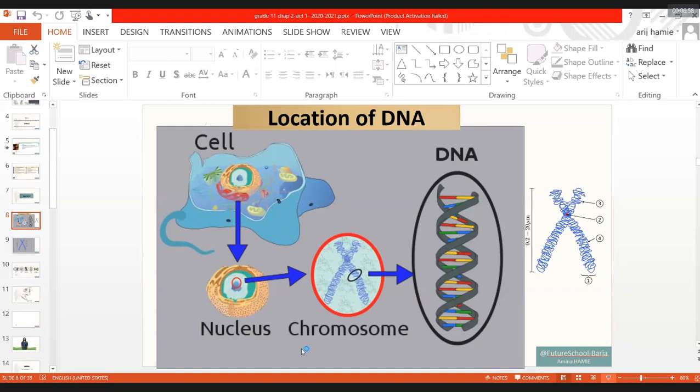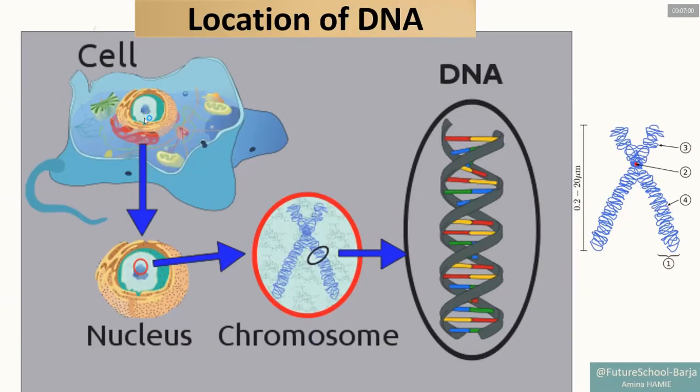So you have an animal cell, you know, you have plant cell or animal cell, and the animal cell contains nucleus, okay? In this nucleus we have chromosomes. The chromosome is made of DNA.